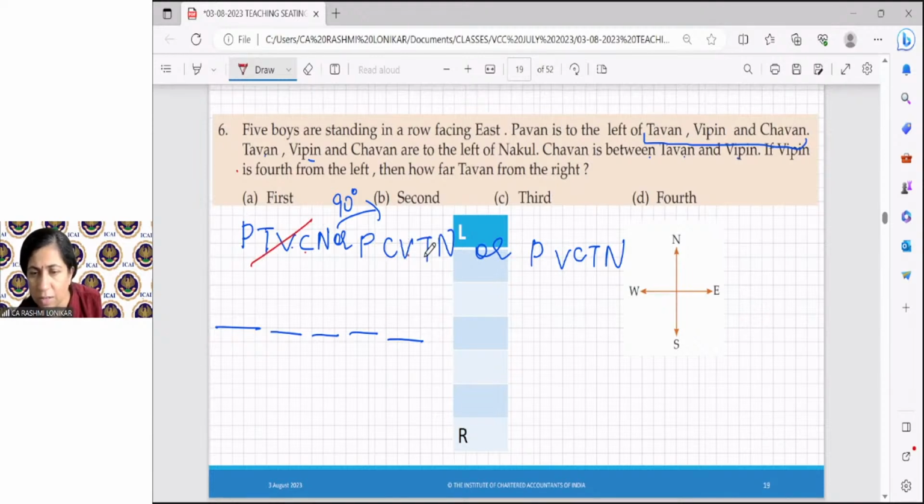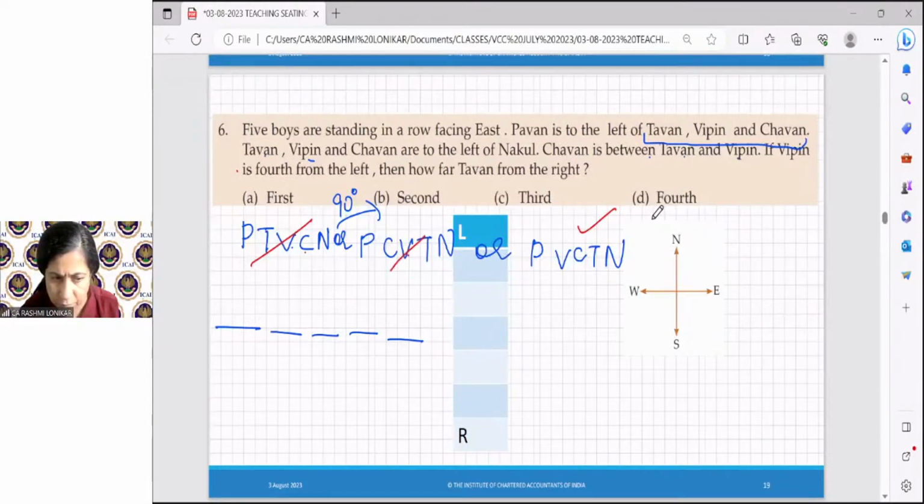Chauhan is between Tavan and Vipin: this is correct. Or we may even have P, T, C, V, N. You can have this or this.